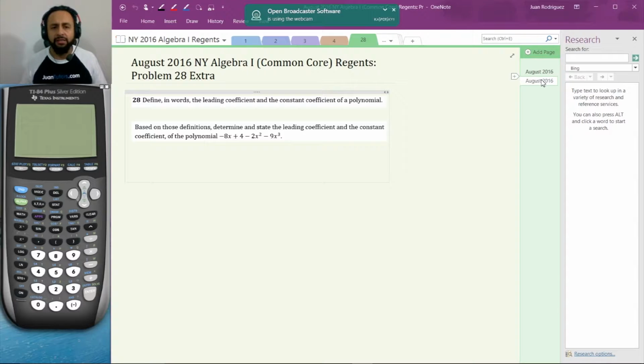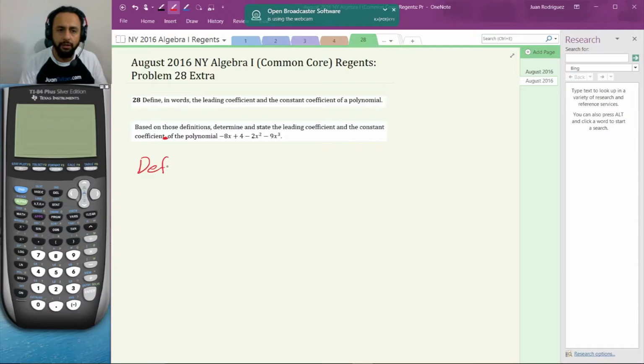And based on these definitions, determine and state the leading coefficient and constant coefficient of the polynomial. And sorry, this is for the grammar police, this comma is spurious and should not be there.